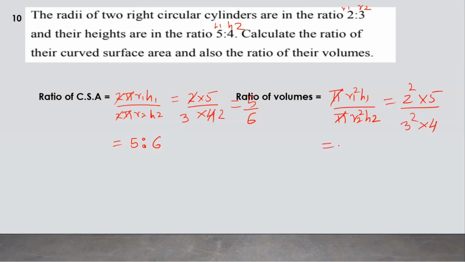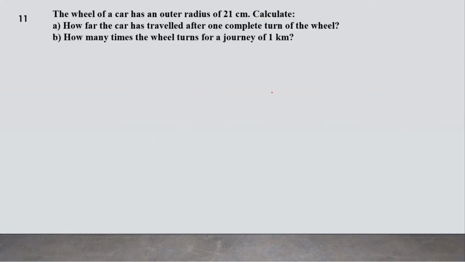So when we simplify this, I get 4 into 5 upon 9 into 4. 3 square is 9 and this is 5 here. So when I simplify this, I'm getting the ratio of their volumes as 5:9. Got it? Easy, just knowing the formula and putting it. If we take the ratio as 2x and 3x, the x is going to be cancelled anyway. So let us take the radius as r1 and r2. Right? So this becomes easy. Let's move on to the next question.